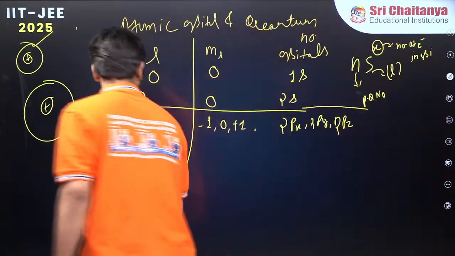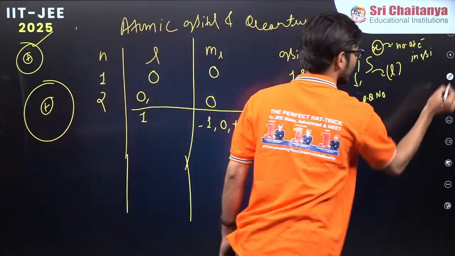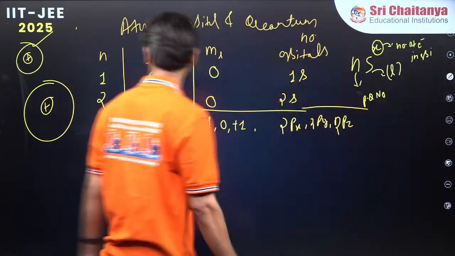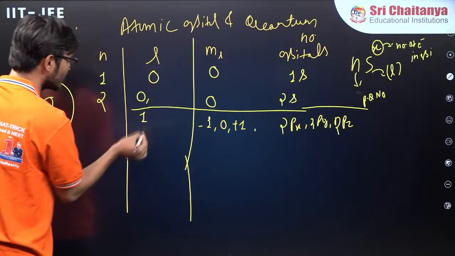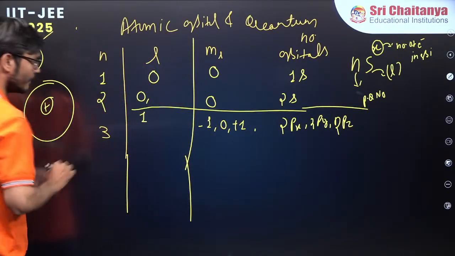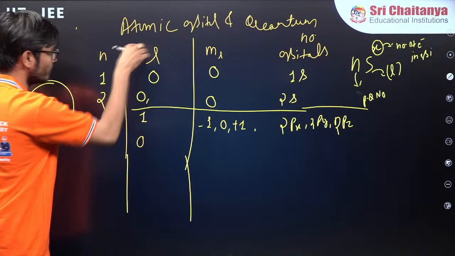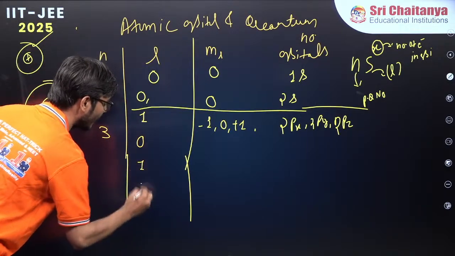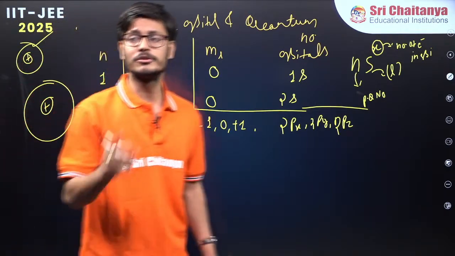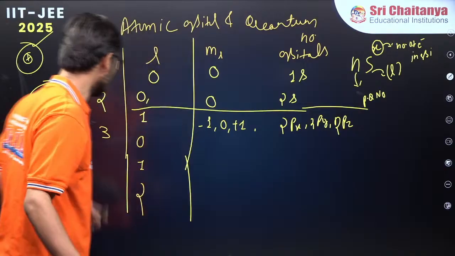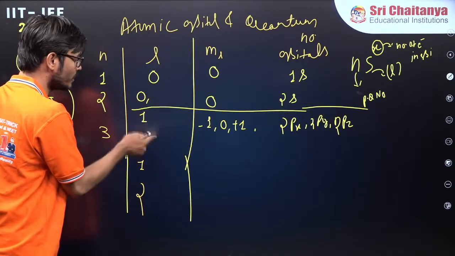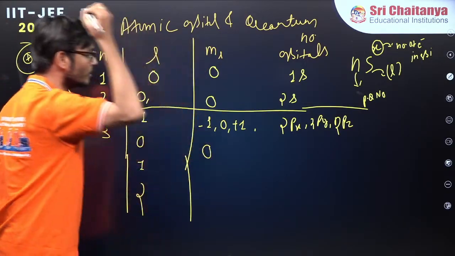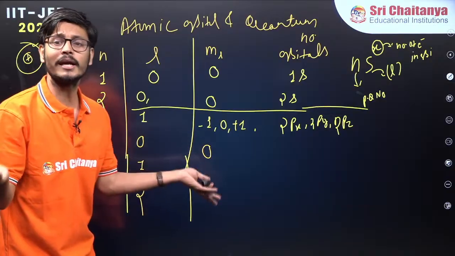Now let us go to the next one. Let us say n is equal to 3. If n is 3, there are 3 possible L values: 0, 1 and 2. For 0, the ML value becomes 0, which means no orientation.